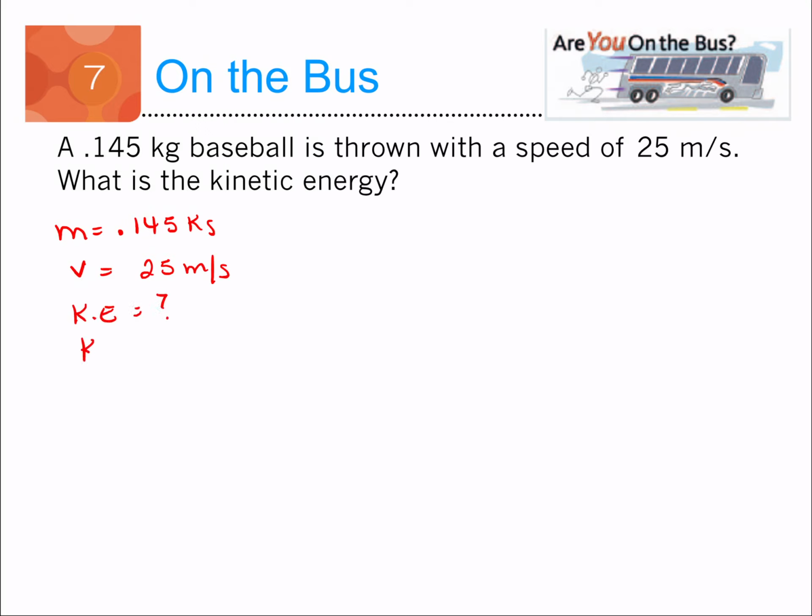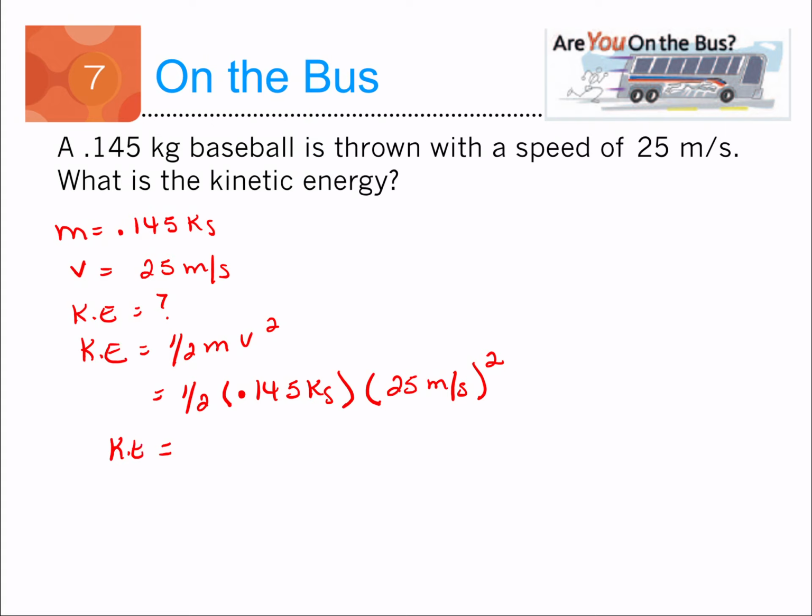So here again, kinetic energy equals 1/2 mv squared. So we have 1/2 times our mass is 0.145 kilograms times v is 25 meters per second, and that is squared. So our kinetic energy will be 45 joules.